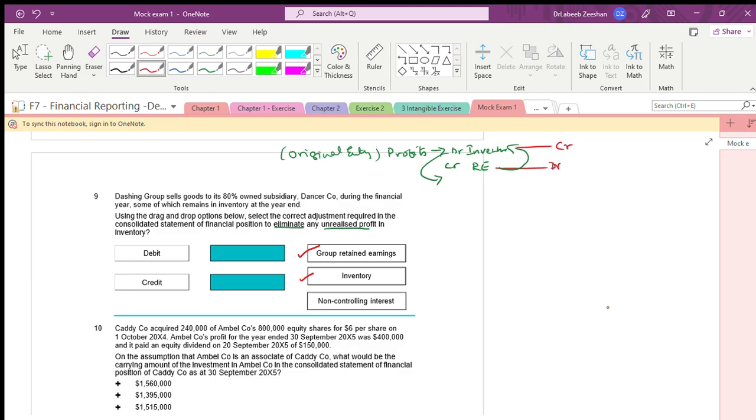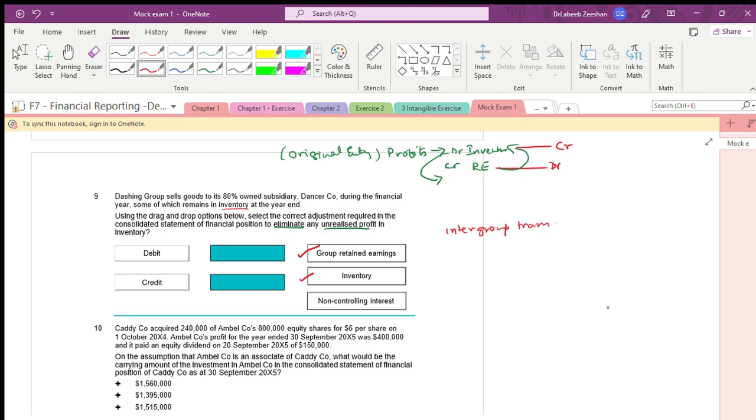See what is happening: the group sells goods to the 80% subsidiary during the financial year, which remains in inventory. The moment it remains in inventory, it is an intergroup transaction.